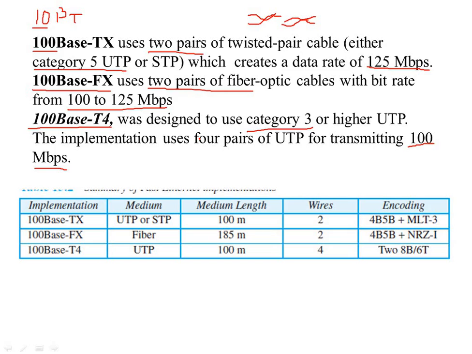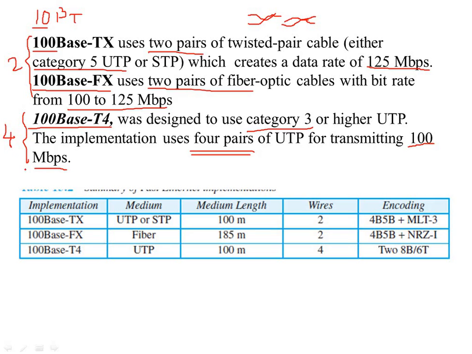You just find out what is the difference between all these categories. So these cables are utilized. The only thing is that here 4 pairs are utilized. Now in the previous case 2 pairs were utilized, and in this case 4 pairs are utilized.